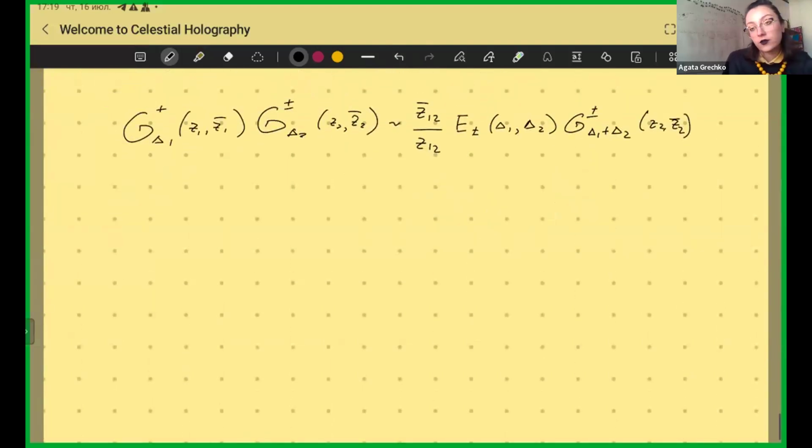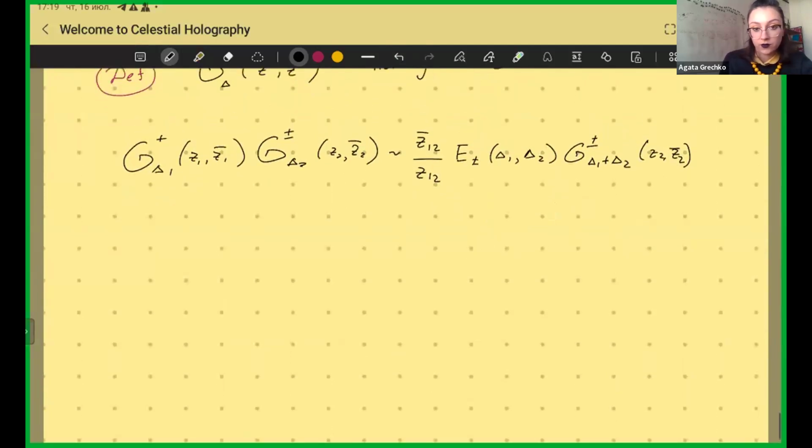This constant, not constant, but a function of some conformal scaling dimensions, can be fixed as a beta function. So again, in our celestial story, some combination of gamma functions arises, right? This is just our gravitational constant, right? How is it called, the one that is 32 pi G?